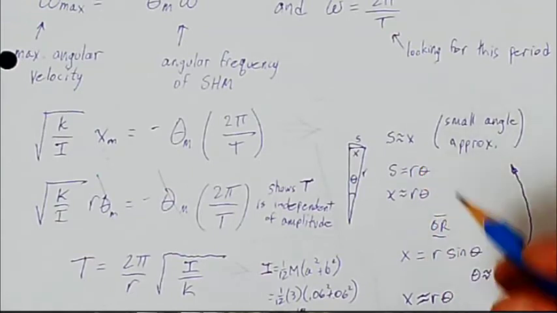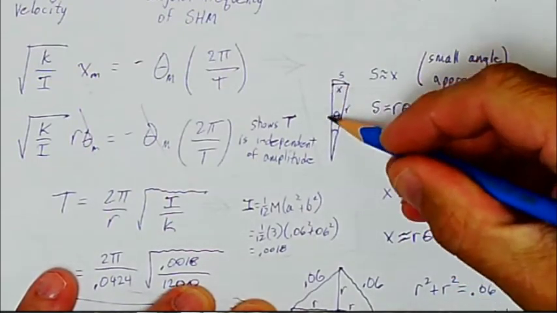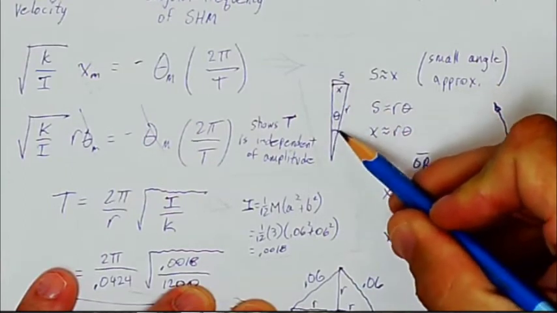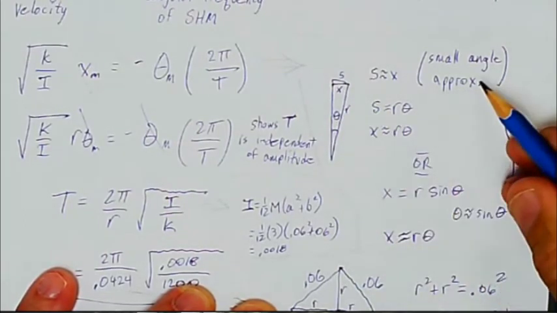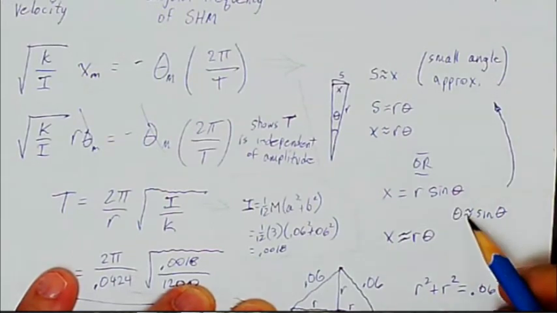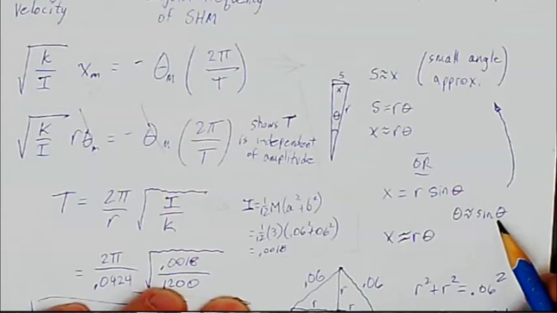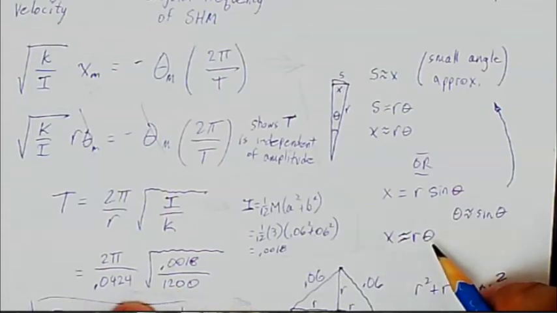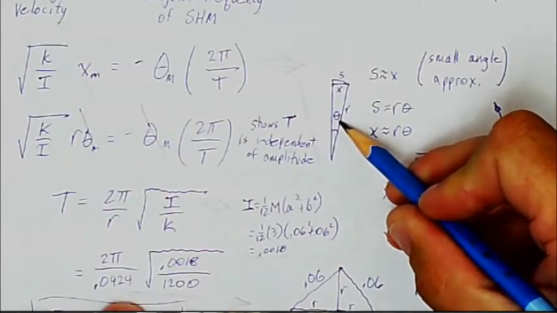You can think of it that way, or you can also look at this as a triangle, and this is the opposite side. So x is equal to r sine theta, but the small angle approximation tells us that for very small angles, theta and sine theta are about the same. So either way, I come up with x equal to r theta, and that theta is the maximum displacement of the cube.